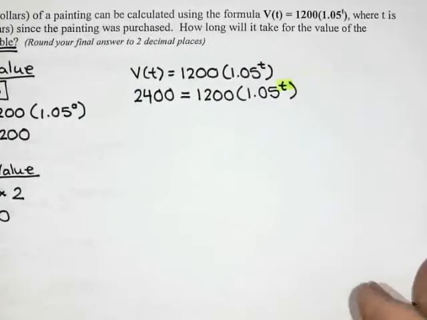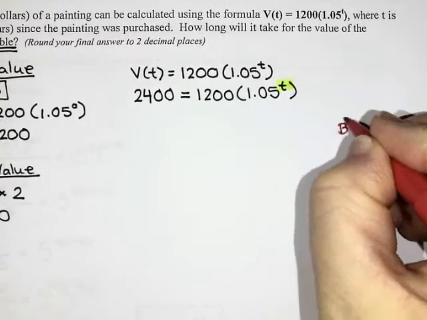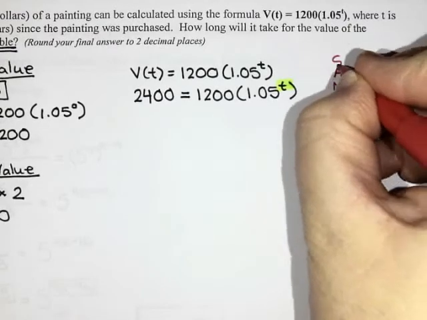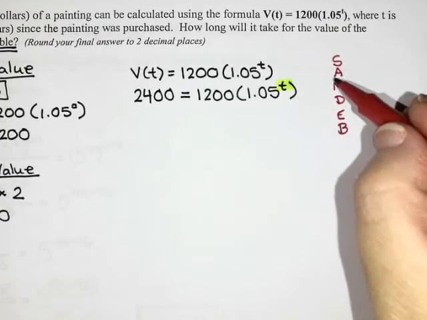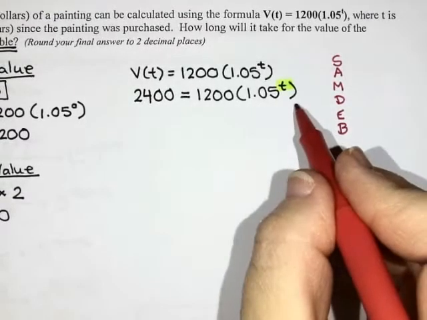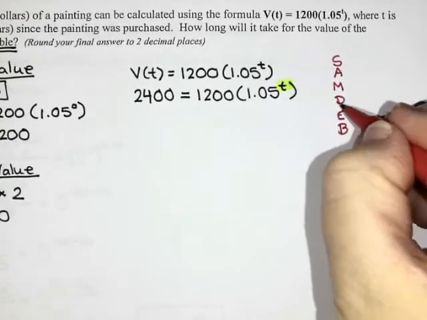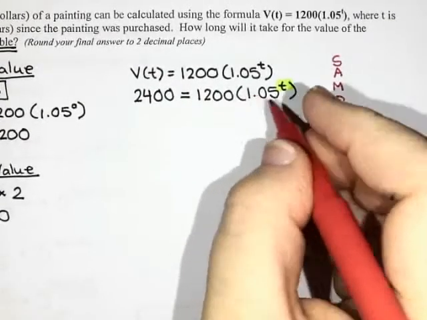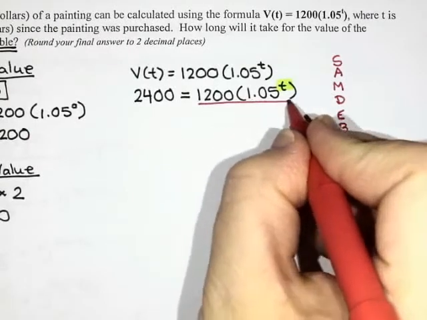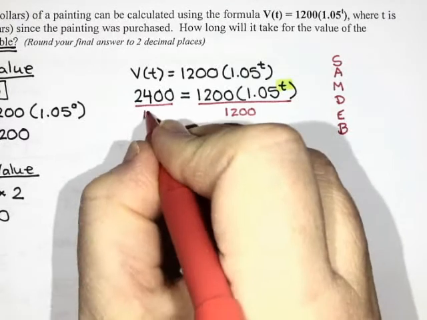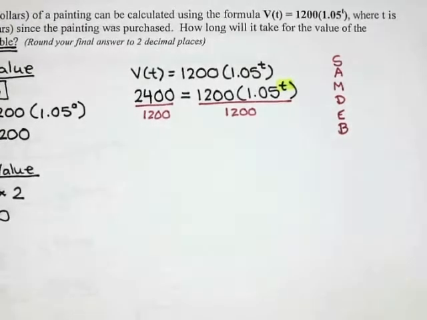So when you are rearranging, we do BEDMAS in reverse, or order of operations in reverse, meaning the first thing we do is any addition or subtraction. I do not have any addition or subtraction. Then I would move on to multiplication and division. I definitely have some multiplication here. So I'm going to cancel out that multiply by 1,200 by dividing both sides by 1,200.